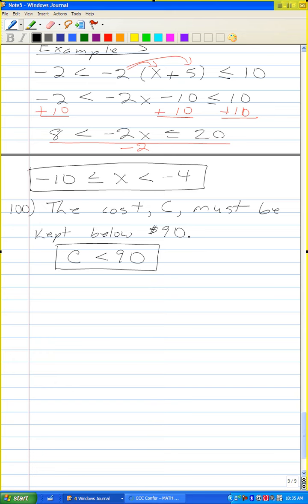Let me do, let's say, problem number maybe 112. In exercises 102 through 118, set up and solve the inequality to solve the problem. Okay, so let me do that.